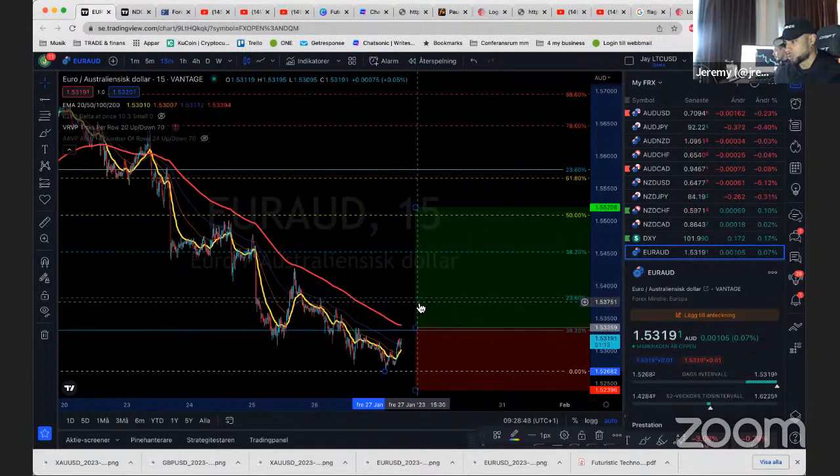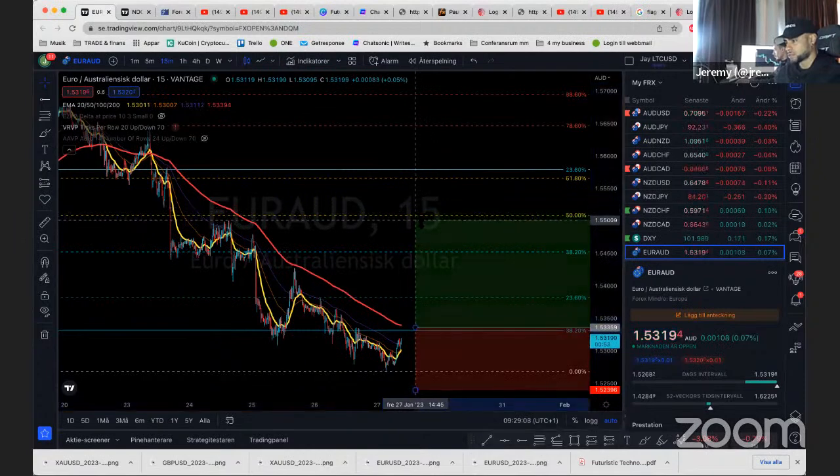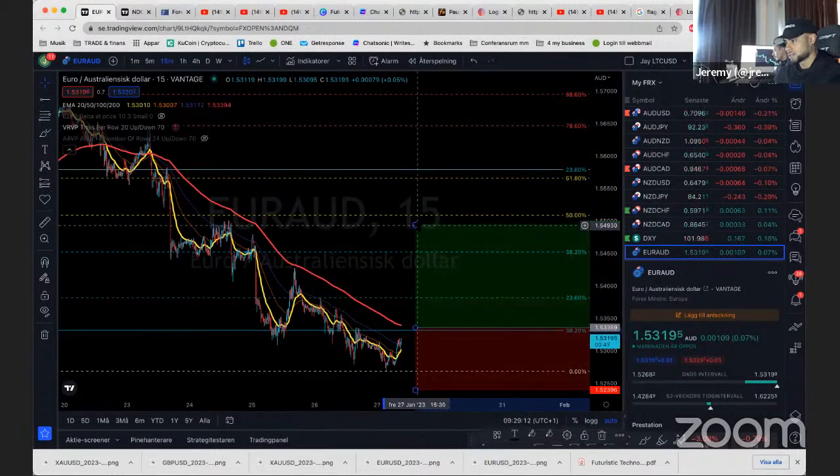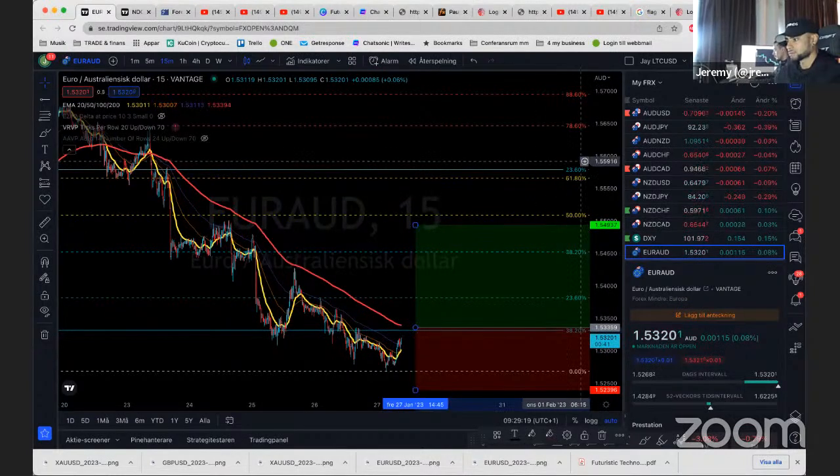So that will put it at 1.5375. Next take profit would be at around 1.5448. And the last take profit, I will put it here at 1.5498. That's it.